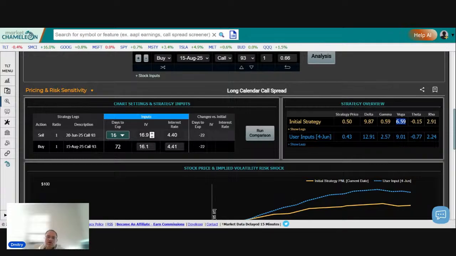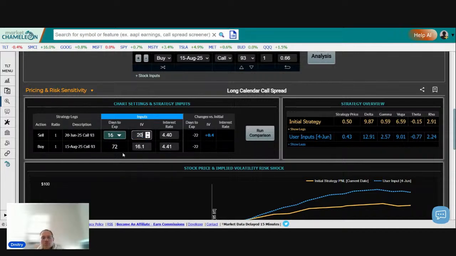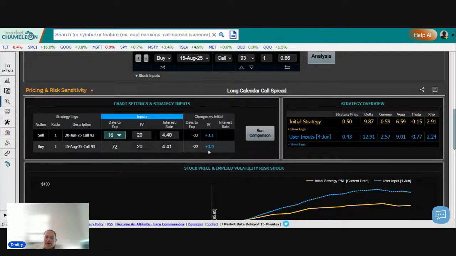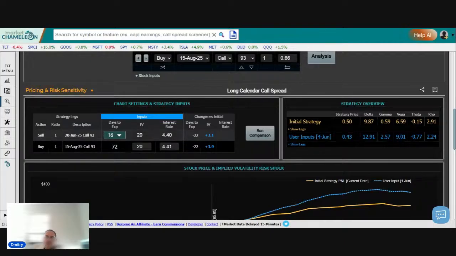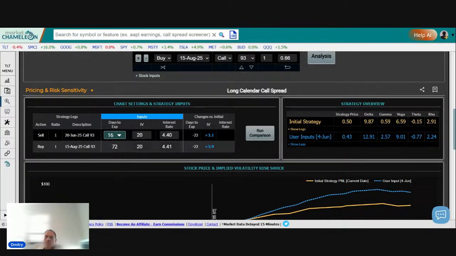Let's say we think that both of these implied volatilities will go to, let's just enter in 20. I'm going to enter in 20 here, and I'm going to enter in 20 here, right? So now we increased it by 3.1 vol clicks and 3.9 vol clicks.